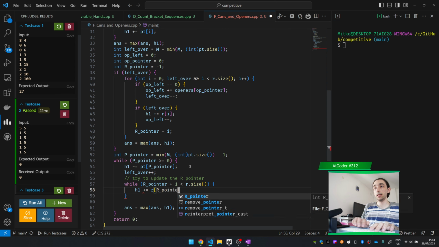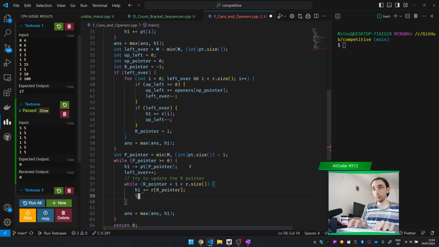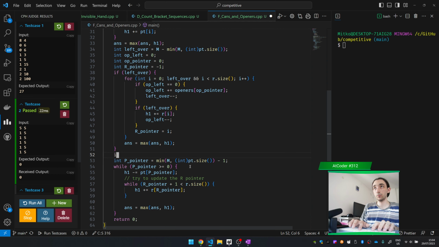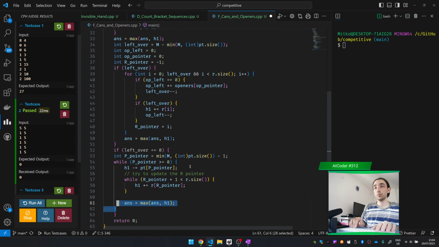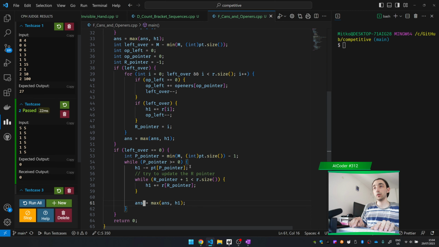Now you see some mistake here, but if leftover is 0. If leftover is not 0, then this is the maximum we can get, because I have bought all of these and I bought all of these. And yet there's more left over, right?